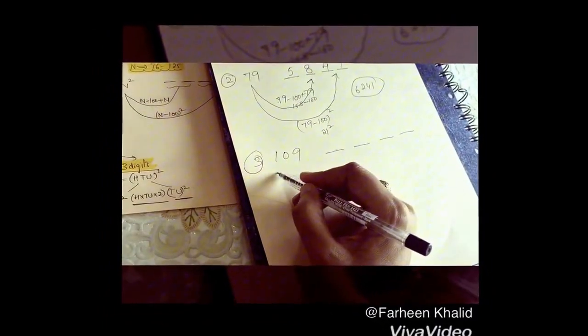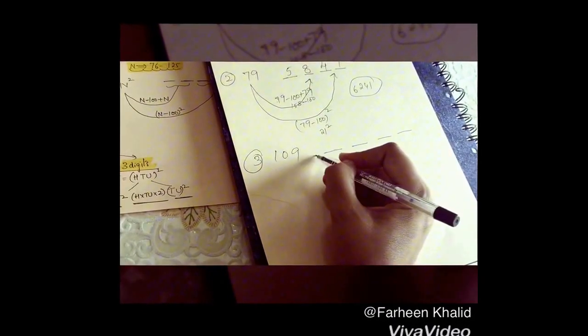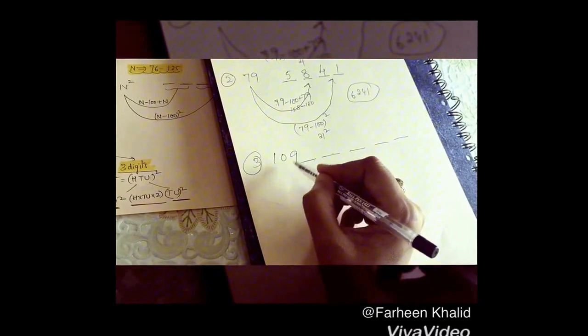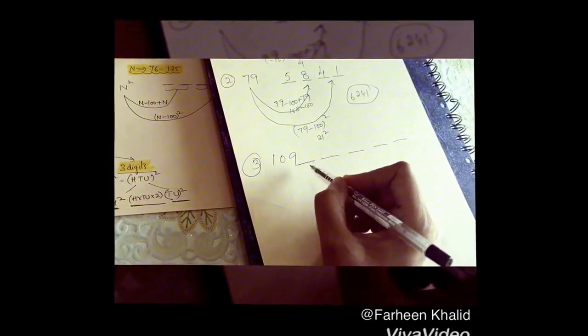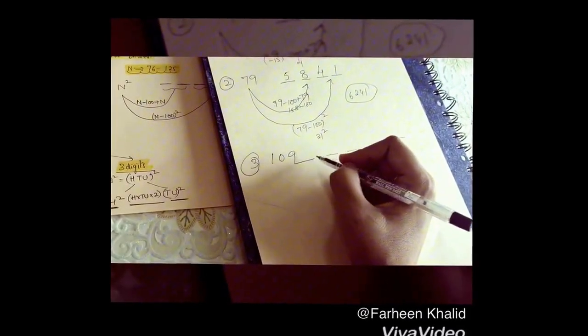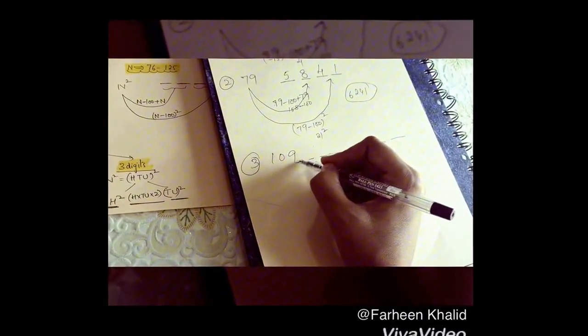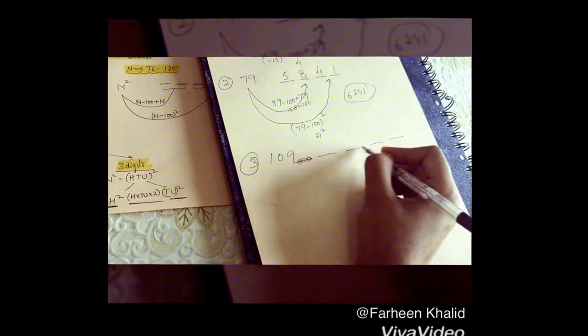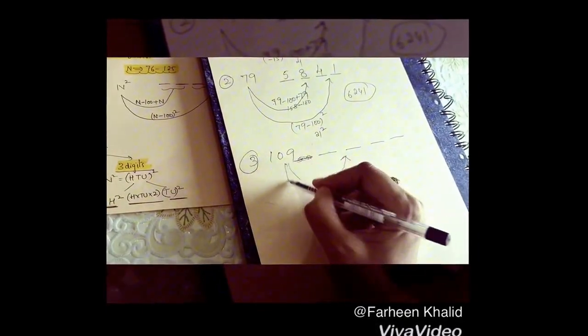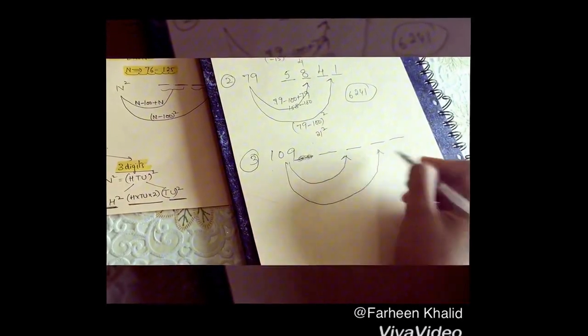Okay, and you can even put 5 spaces here, because it's a 3-digit number times a 3-digit number, so the answer is going to be a 5-digit number. But I don't want to confuse you here, so we will just do these 4 spaces and follow the same rule. So the first part is here and the second part is here.